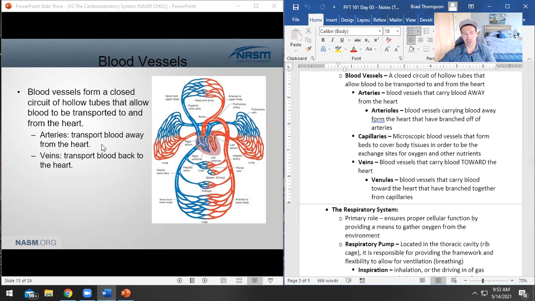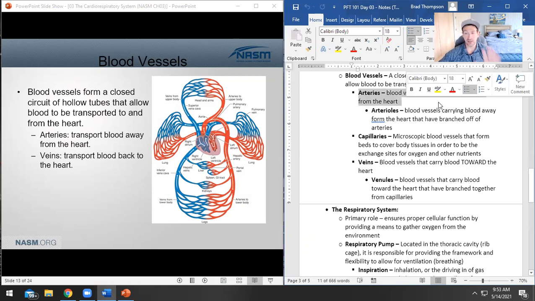Arteries are blood vessels that always eject blood. It's blood traveling away from the heart. So if blood is traveling away from the heart, it's always an artery.